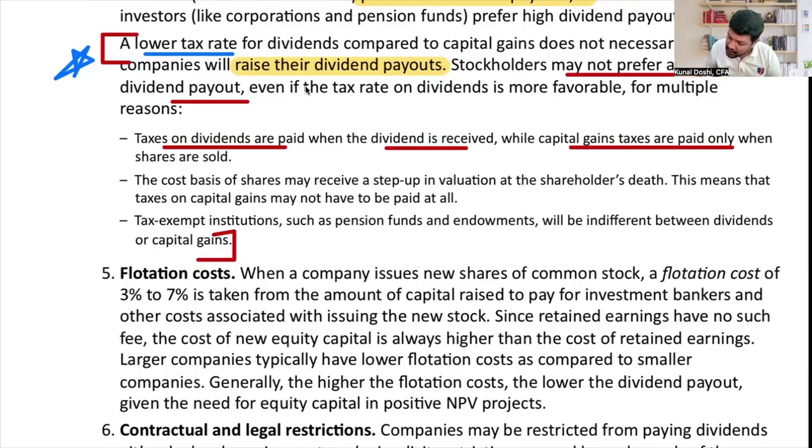Second, the cost basis of shares may receive a step up in valuation at the shareholder's death. When you go to level 3, you will understand this concept: when someone dies, the wealth is transferred to the next generation or the generation after that.